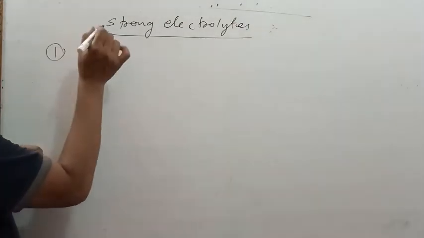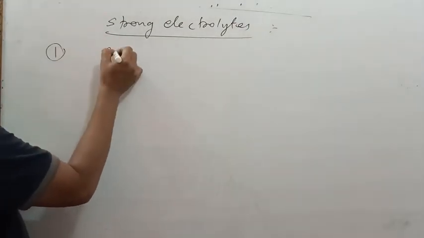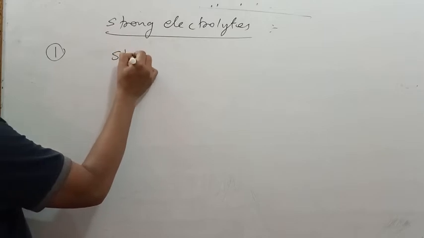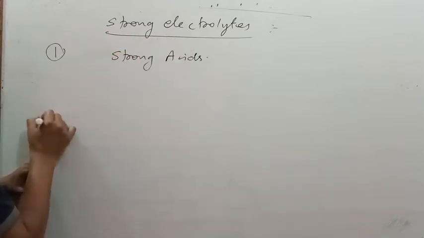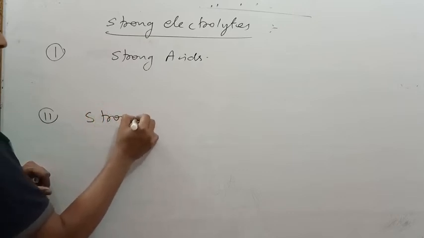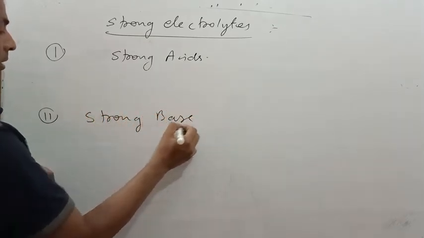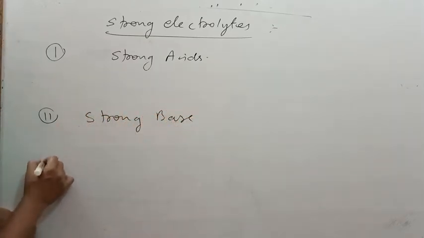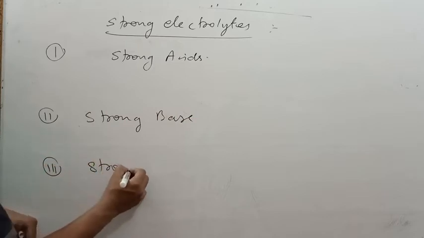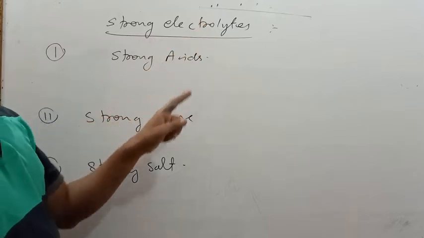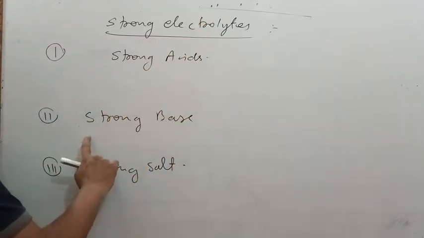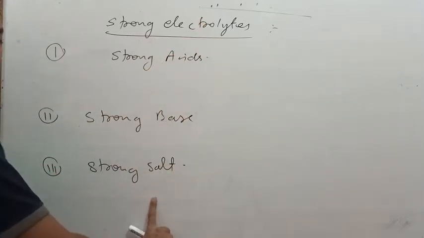So there are three types of strong electrolyte: strong acid, strong base, and strong salt.